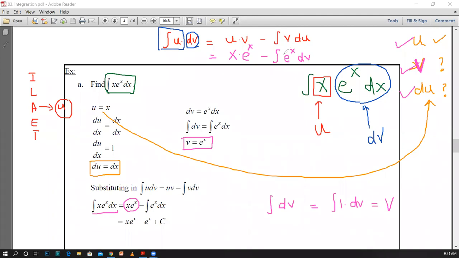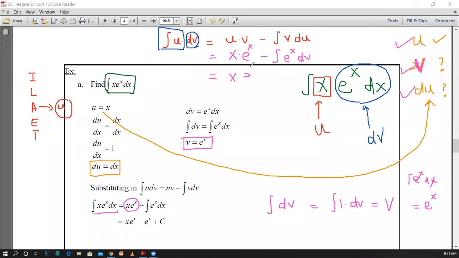Now, this is a very simple integration that we can perform. It is like the integral of an exponential function. The integral of e to the power x dx simply gives e to the power x. Then we can perform this calculation.